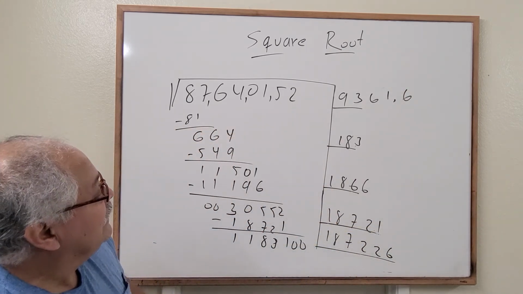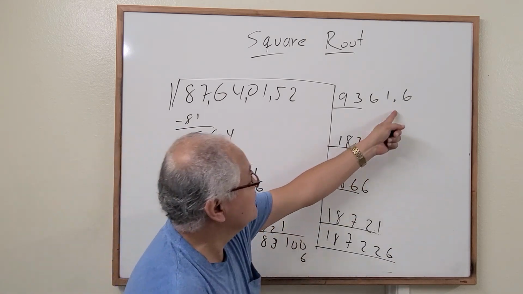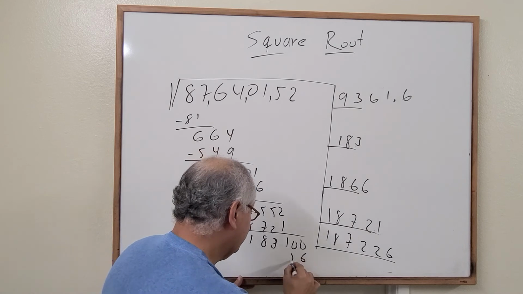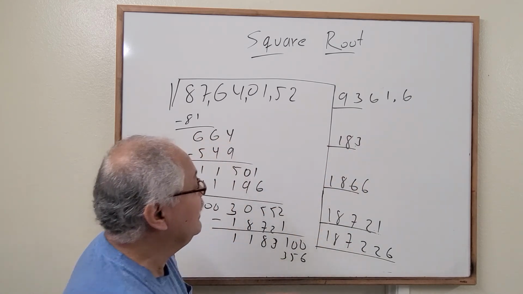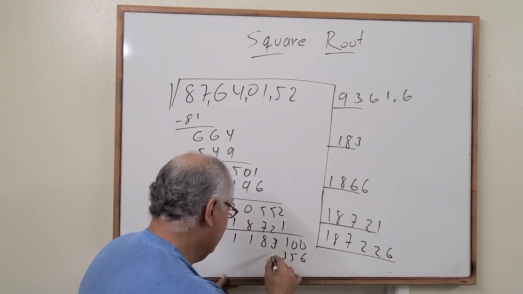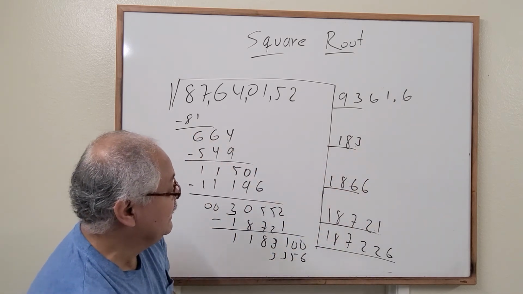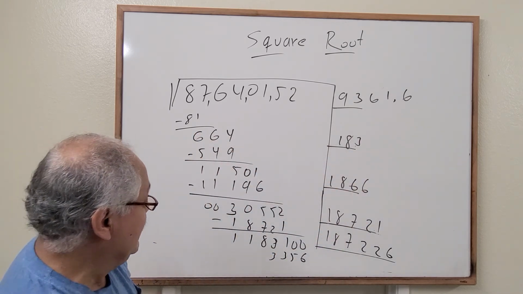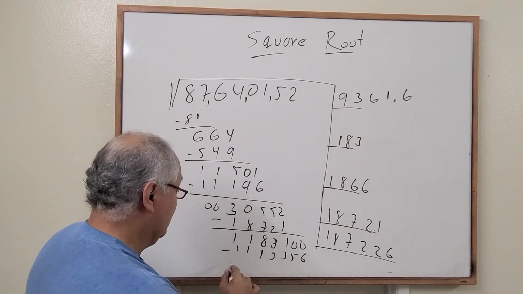And let's do it. 6 times 6, 36. 6 times 2, 12. 15. 6 times 2, 12, 13. Right. 6 times 7, 42. 43. 6 times 8, 48. And 3, 51. Correct. It's going to be 11.